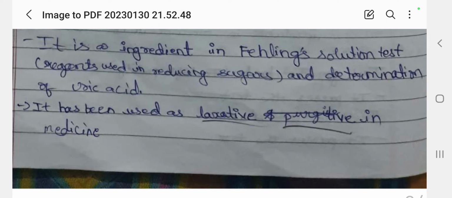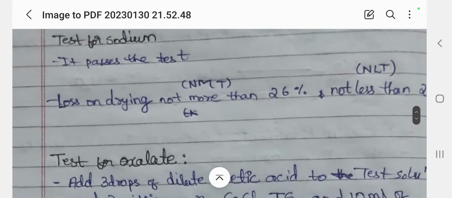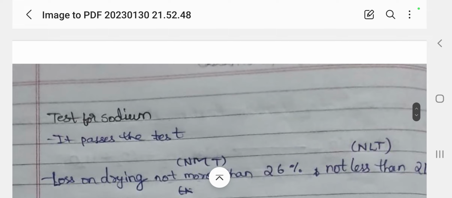Next, the last one: storage. It is to be stored in an airtight container, free from moisture. So I think this session gives you an overall idea about sodium potassium tartrate.